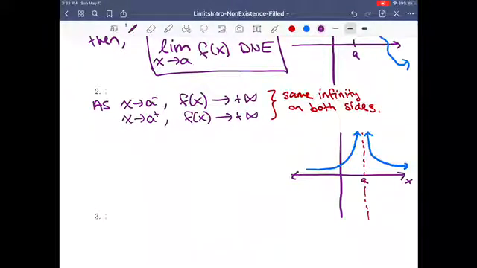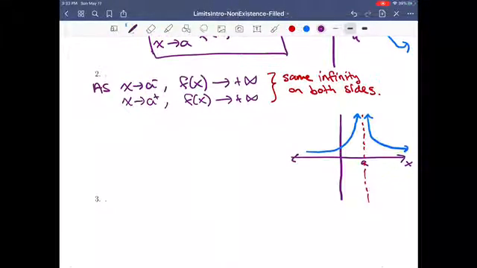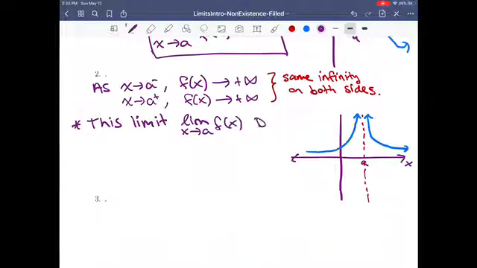Then this limit still does not exist. It's an example of when the limit does not exist. This limit, x goes to A of f of x, does not exist.